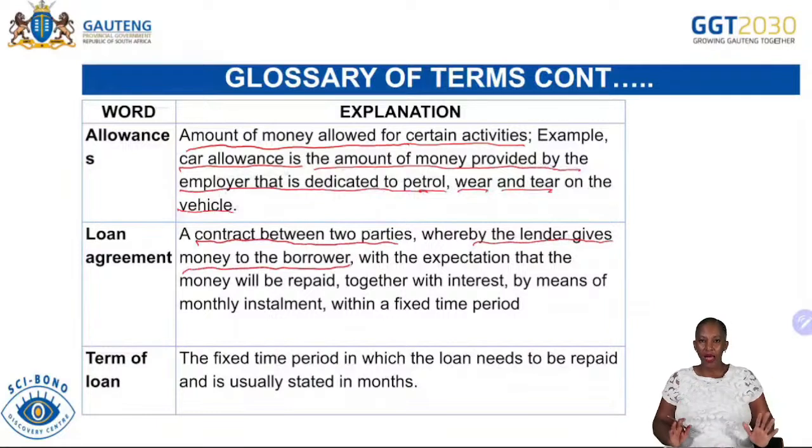Or maybe you don't have money to buy a car and you saw a nice car. And then you say, oh, okay, this car is so beautiful and I'm working, but I can't afford to buy it cash. Then you go to the bank and negotiate and say, I saw a nice car that I want to buy, a BMW X5. And then the repayment for the BMW X5 is 10,500.